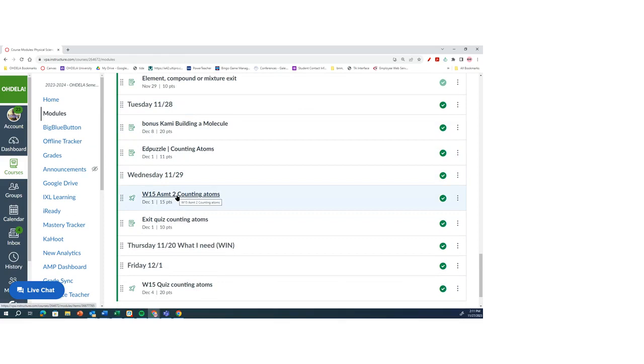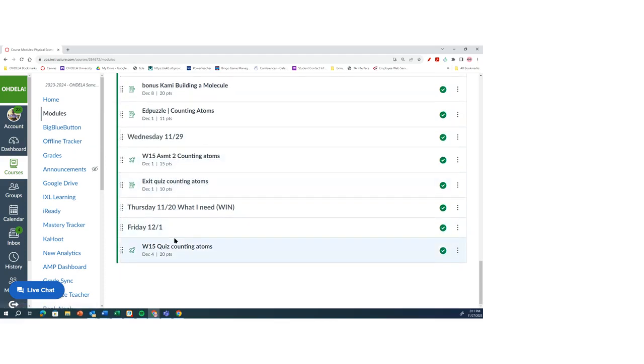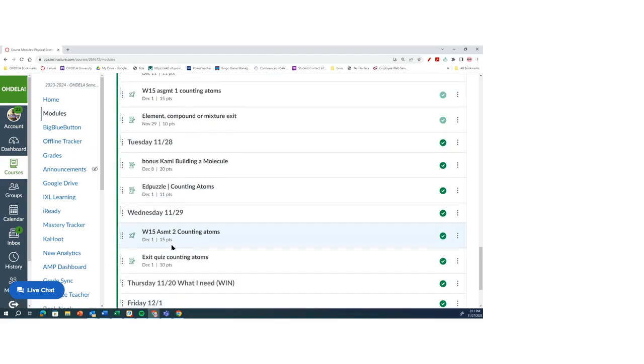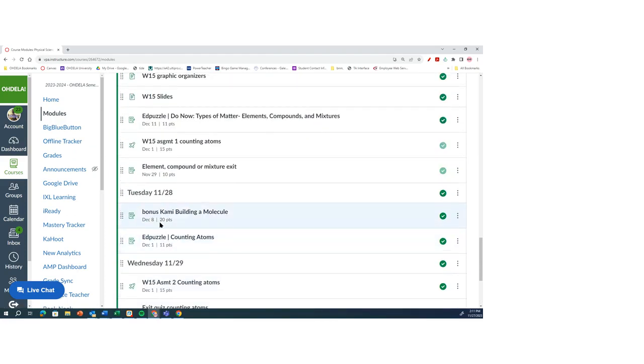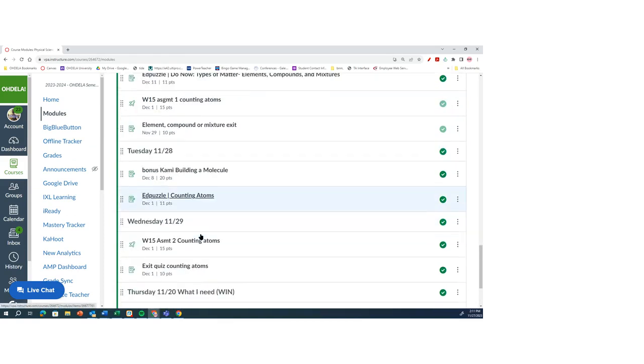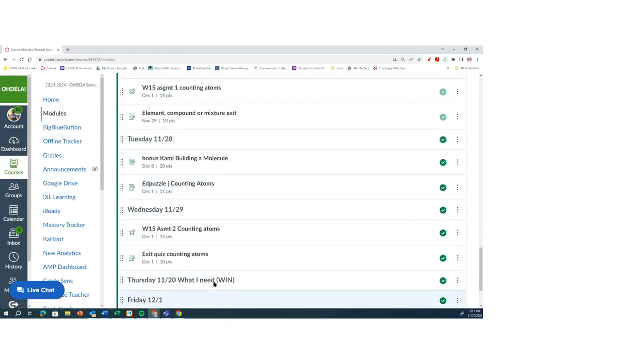Okay. Then we'll be talking about counting atoms. So we'll be talking about counting atoms tomorrow, and then there's an exit quiz for that. And then Friday we'll be doing the quiz. So we have 3 days of going over slides and so forth, and then 3 assignments here.